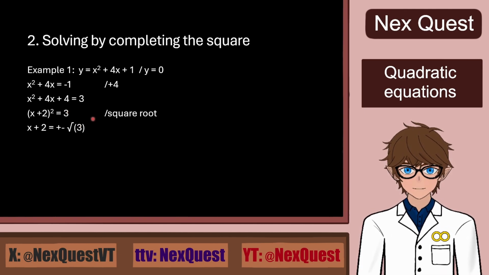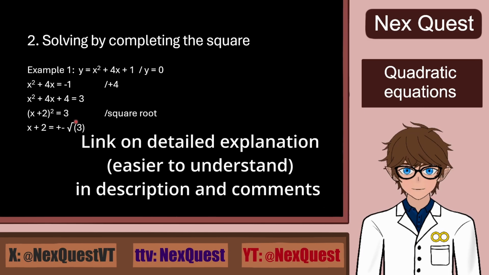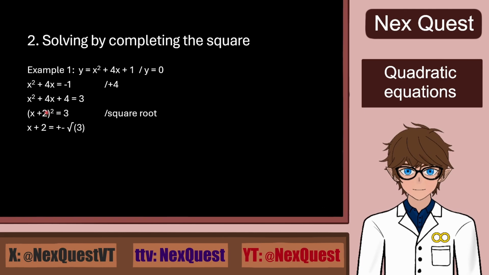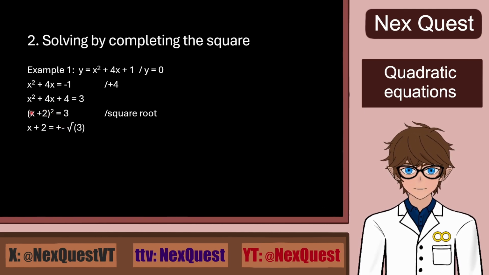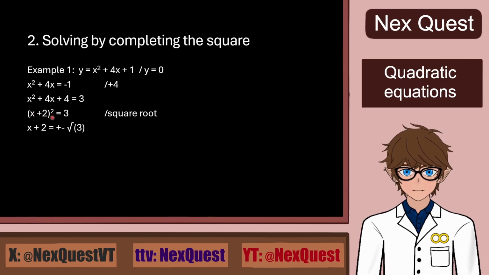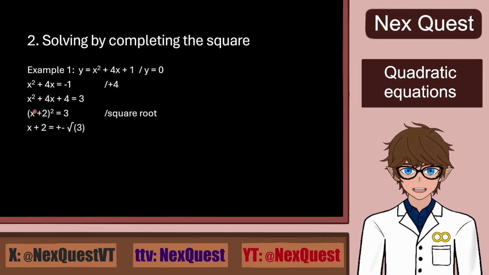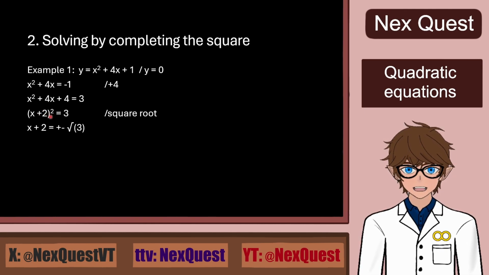Now we square root, and we have to remember that anytime we take a square root of something like this, so we have a value that we know is a square, and we're calculating the root of it, we have to add plus minus, because this x may as well be negative 7,000. And if we just use plus, we would lose one of the results. That is very important to keep in mind.